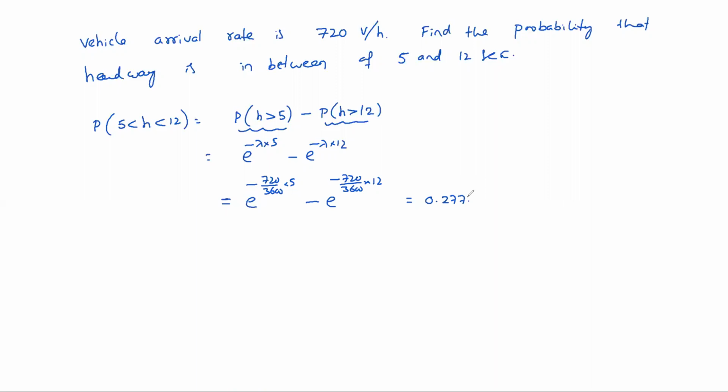Next, suppose vehicle arrival rate is 1440 vehicles per hour.